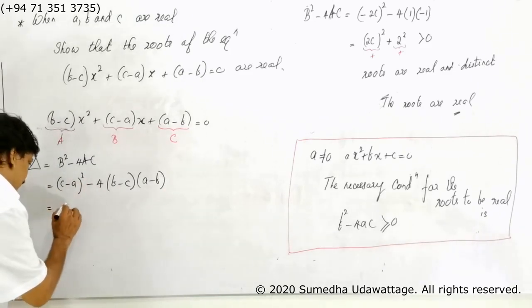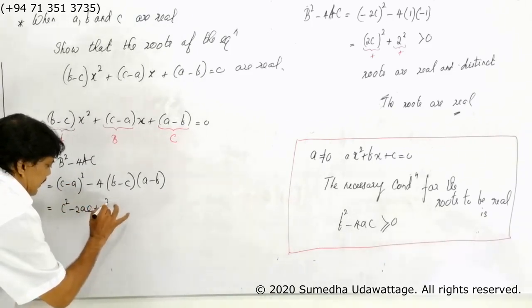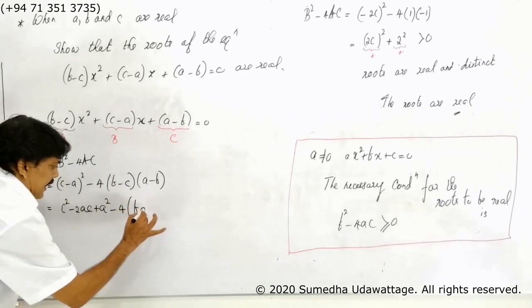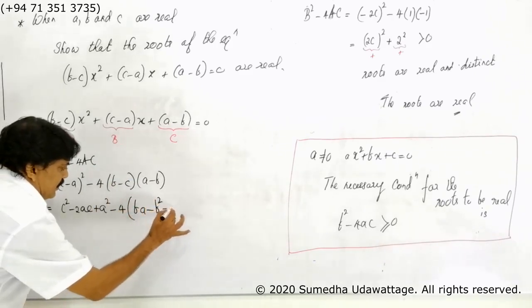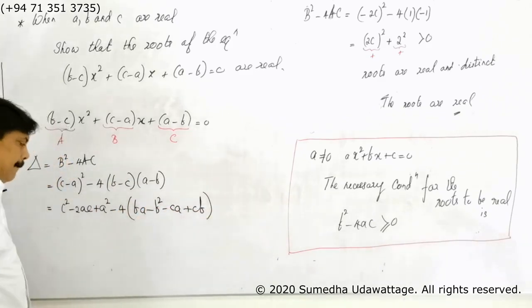c minus a squared is c square minus 2ac plus a square, minus 4 times b minus c into a minus b, which expands to ba minus b square minus ca plus cb.